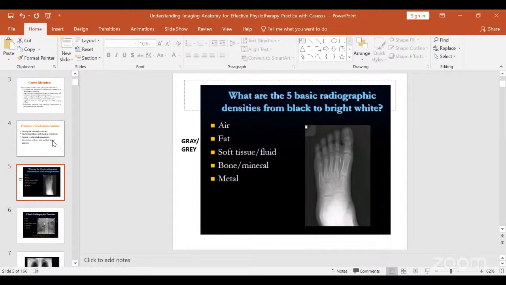In fact, at this level, that blackness on the radiograph is called radiolucency. Okay? Those areas in the radiograph that appear black are called radiolucent. And then the other areas that appear white are called radiopaque. Some books, okay?